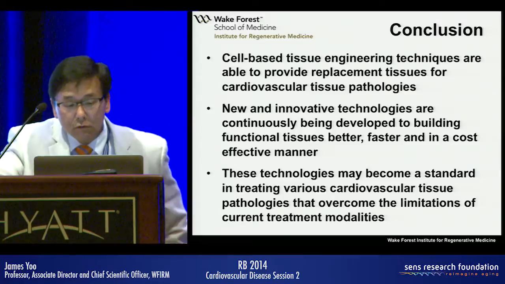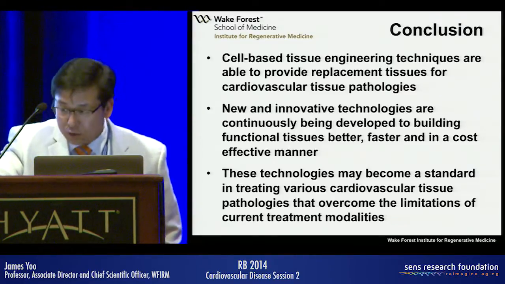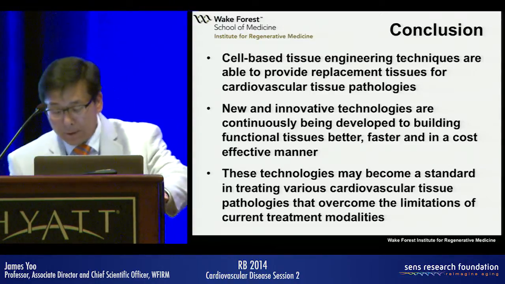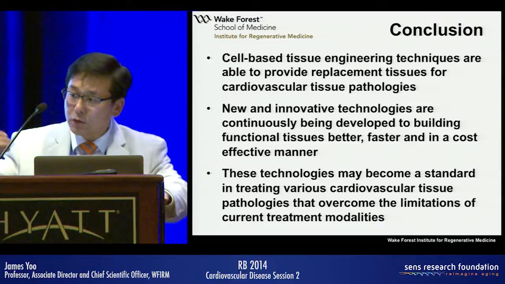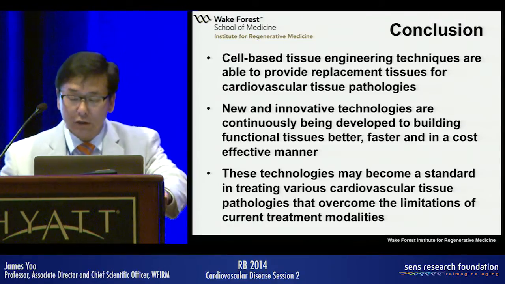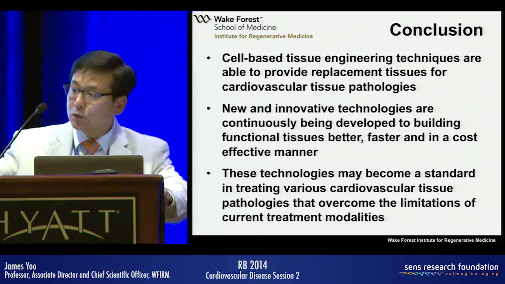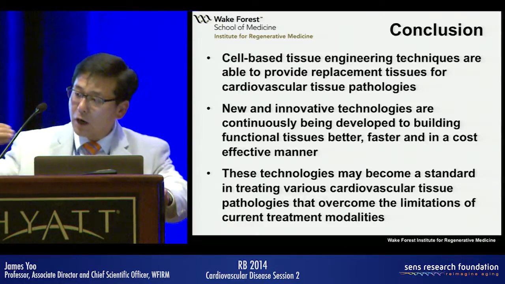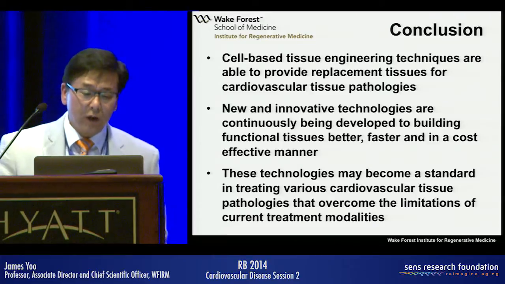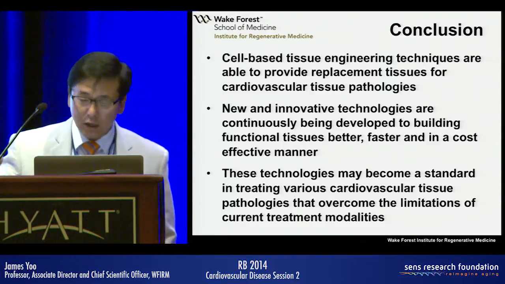So in conclusion, we have used a tissue engineering approach to build many different tissues, including cardiovascular tissues, and we know that the cell-based approach works, and you eventually end up with a good functional tissue. However, besides what I have shared with you, there are many new innovative technologies that are constantly being developed to bring better technology to patients.